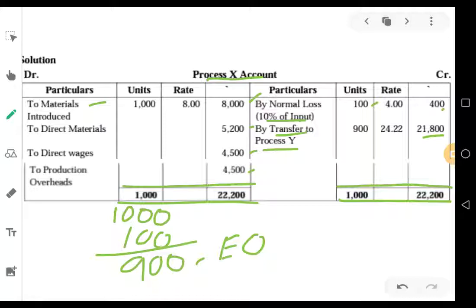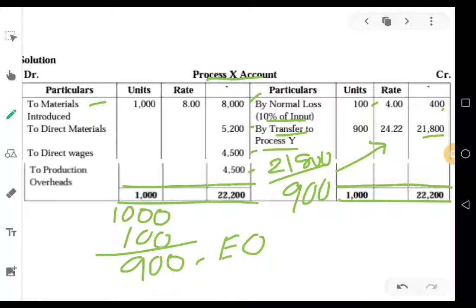We can calculate the cost per unit at which the output is transferred from process X to process Y. That's very simple. You should divide the amount of transfer by the number of units, that is 21,800 divided by 900 units, so that you will get 24.22 per unit as the cost of output transferred to the next process.